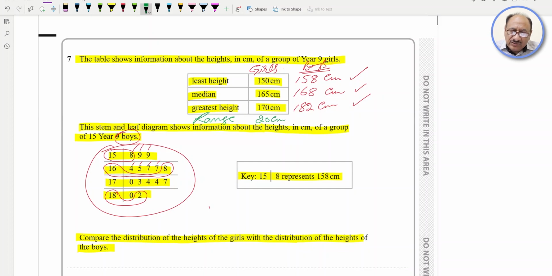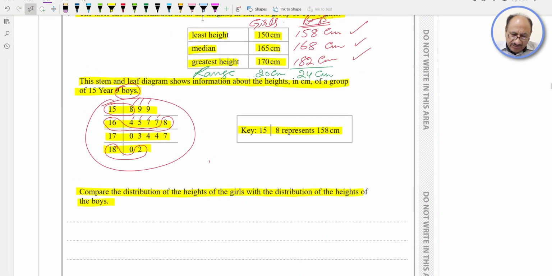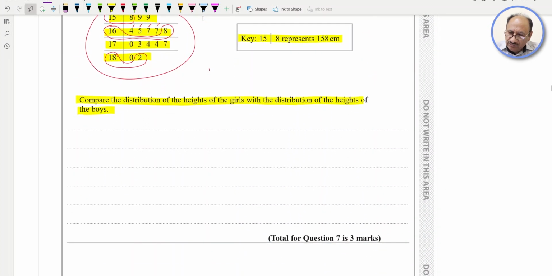And if we subtract 158 from 182, this will be 24, so 24 centimeters is the range in case of boys. So we have got the range comparison also, and we will be providing this comparison in these 3-4 lines which are provided.